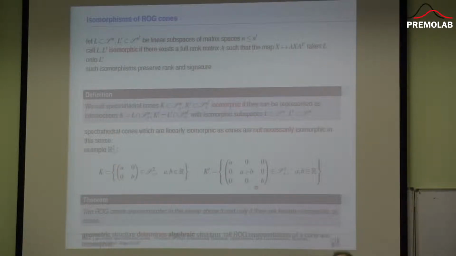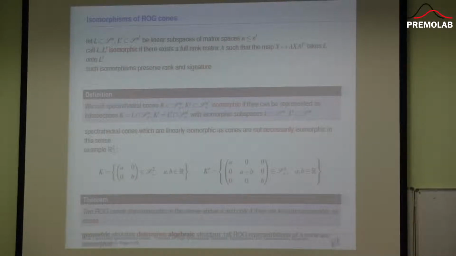So we also get the orthant, but obviously these two representations have very different properties. For instance, the extreme rays here have rank 1, and the extreme rays here have rank 2. The interior here is of rank 3, and here it's of rank 2. So these representations of this abstract cone, the positive orthant, are obviously different.